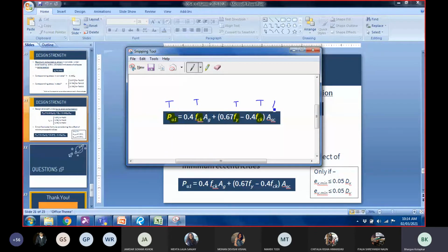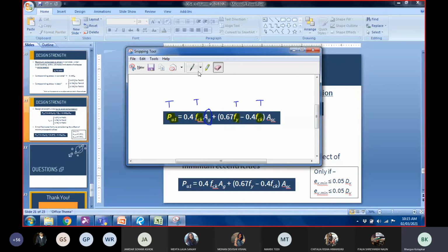What we do is we assume ASC and then we compute some AG. Then from that AG, we calculate what is the width of the column required. Then we look at the practicality and provide some AG. When we do so, our equation would change.